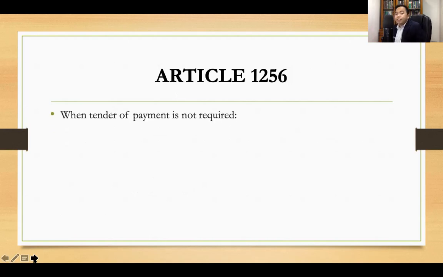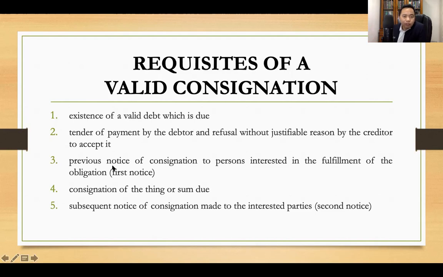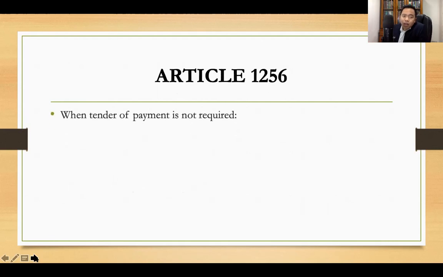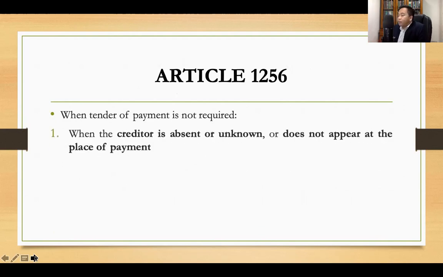Now, there are instances wherein tender of payment is no longer required. You will take note that in the requisites of a valid consignation, under number 2, there must be tender of payment and unjustifiable refusal to accept on the part of the creditor. So there are certain instances where tender of payment is no longer required, and therefore you can proceed to consignation even without tender of payment and unjustifiable refusal to accept.